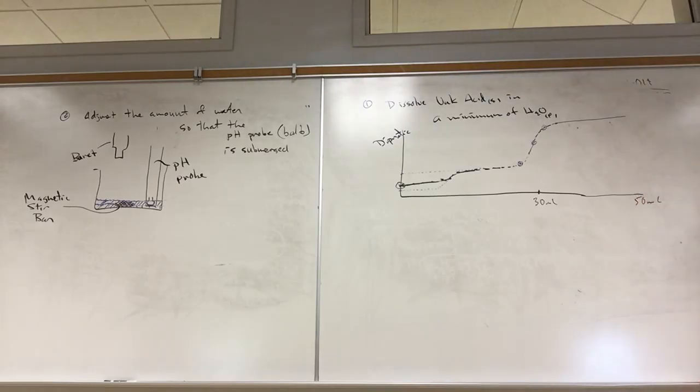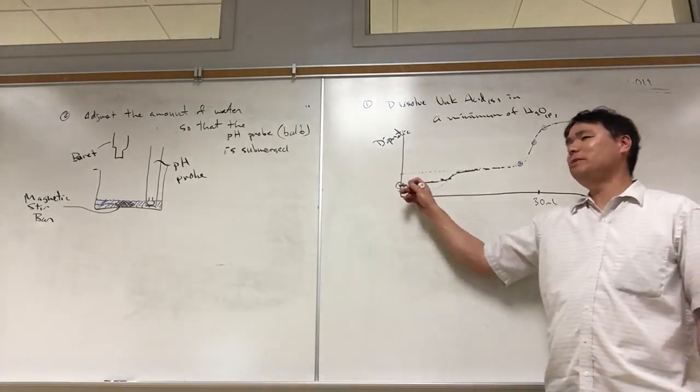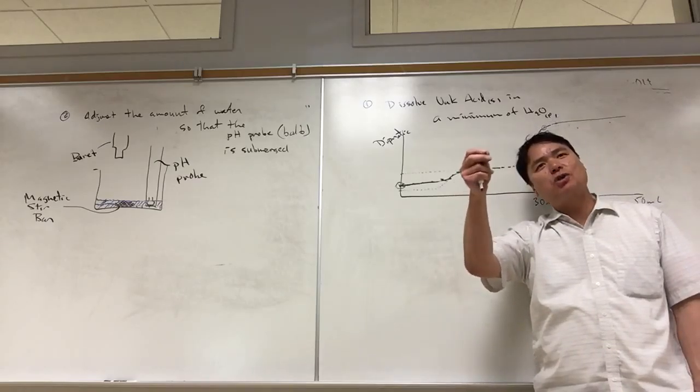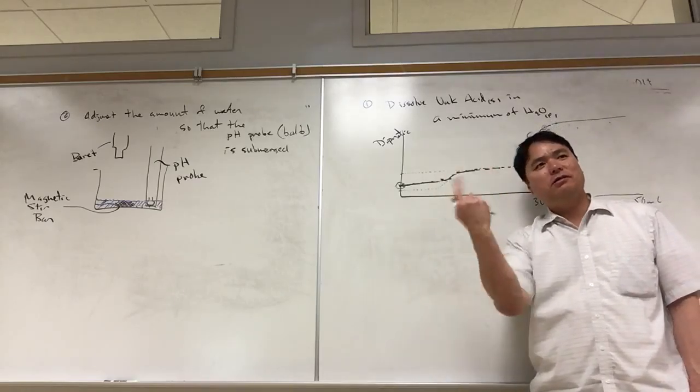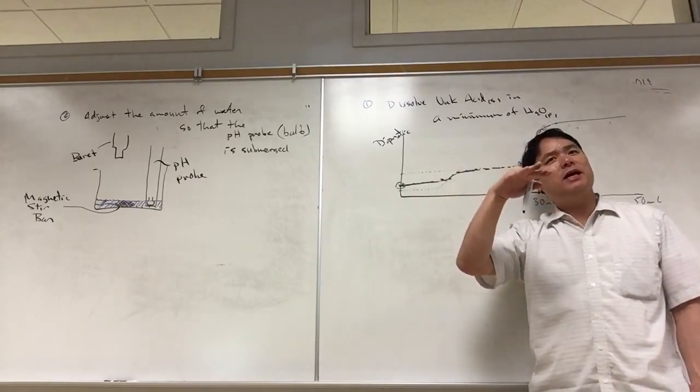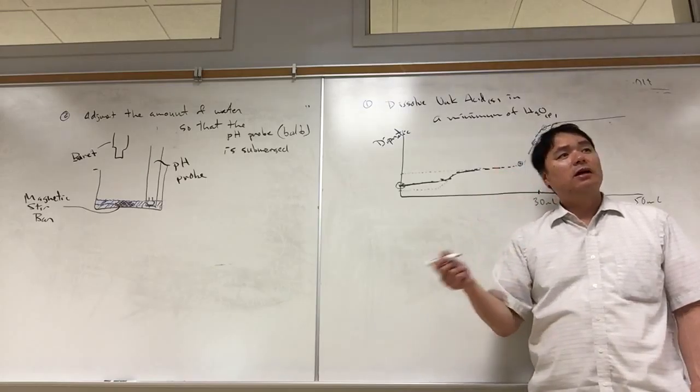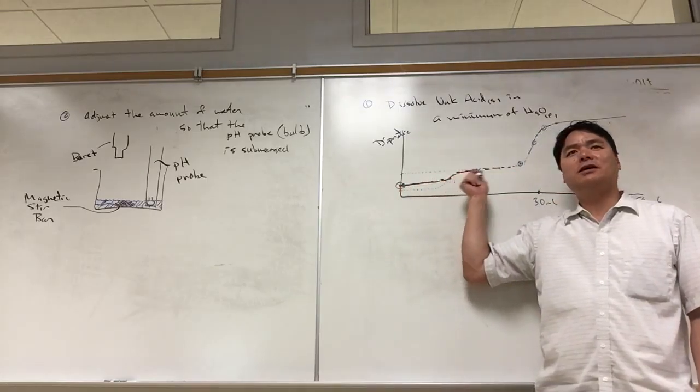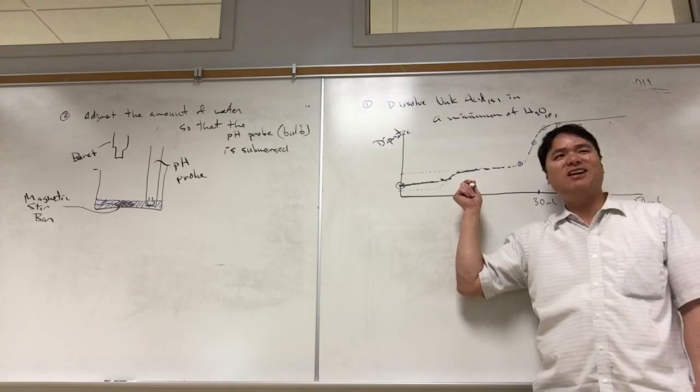Well, 50 mils times 20 drops per milliliter is 1,000 drops. If we take 1,000 pH readings, what we do is add a drop, let it stir and stabilize the pH, and then record the pH. If you take 1,000 readings here, are you going to finish in 3 hours?